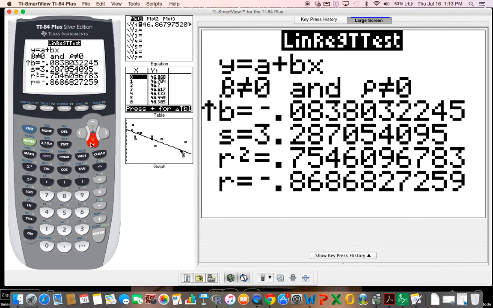I'm going to go out 4 places. I don't use my R squared. Actually, I do use my R squared, so let's go out 4 places on it too. 0.7546.